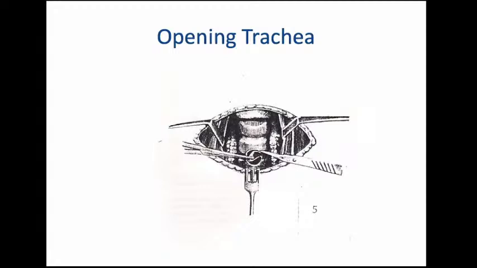You can open by just removing the entire tissue, or you can make a U flap like that, or you can make an inverted U flap, or you can do a cruciate incision, like a cross. This is in the adult patient.